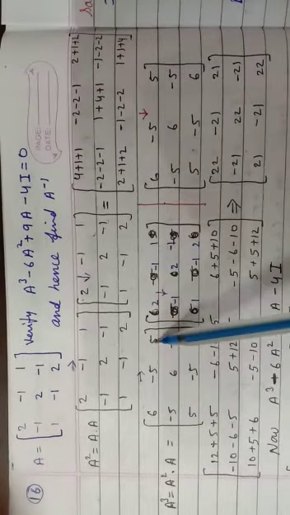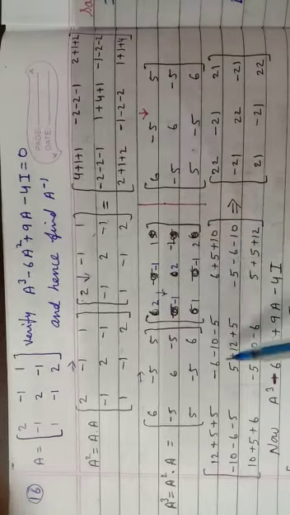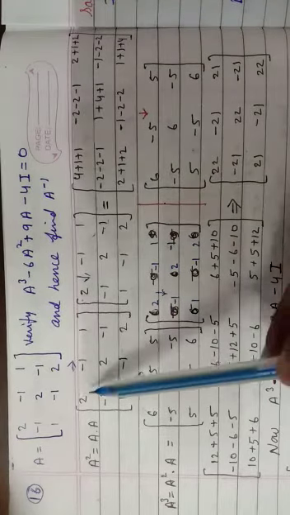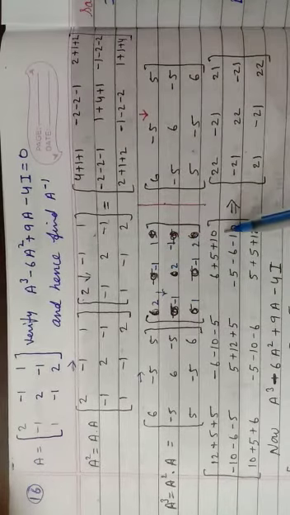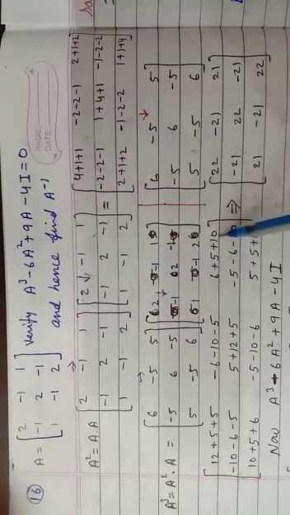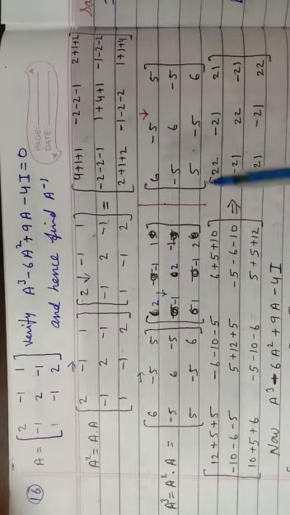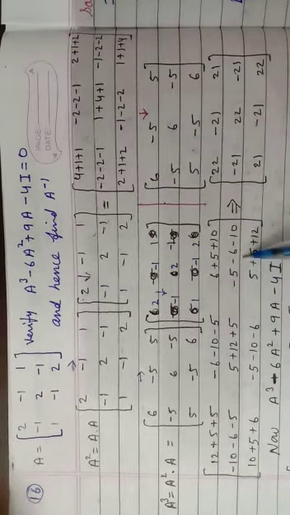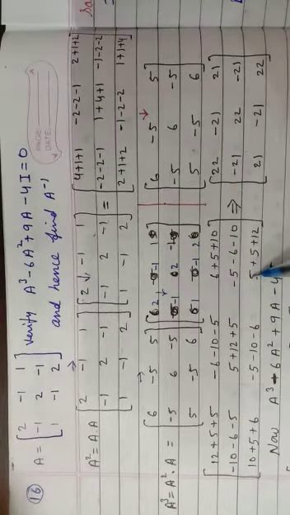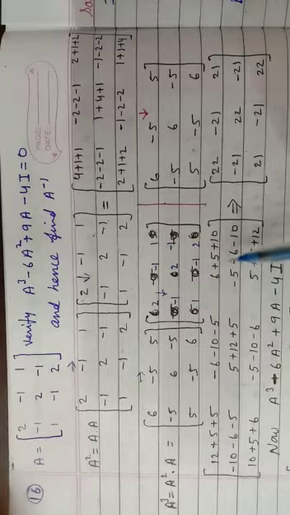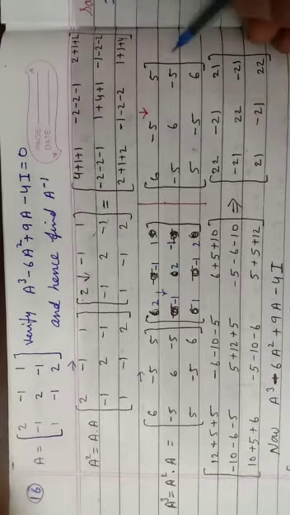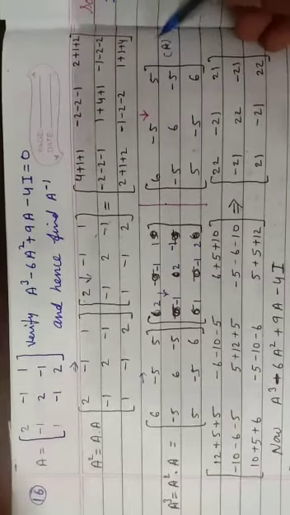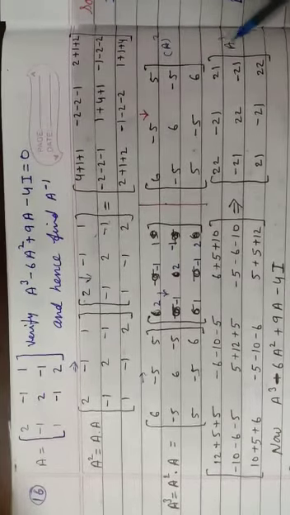Again, row and second column, you will get the second element. Again, row and the third column, then you will get the first row, third column, that is IJ 1 3. Clear? Similarly, you will do all the things. Now when you simply do the plus and minus operations, then you will get this. Clear? So this one is your A square and this one is your A cube.